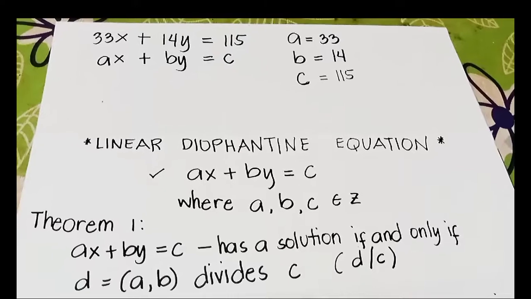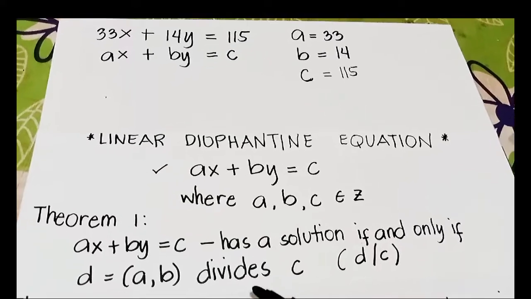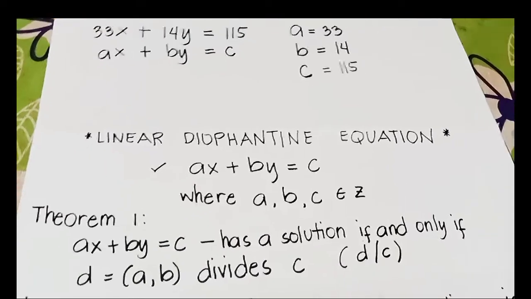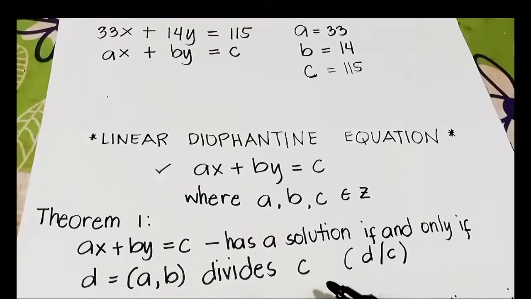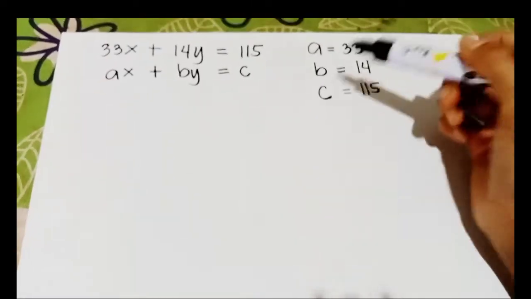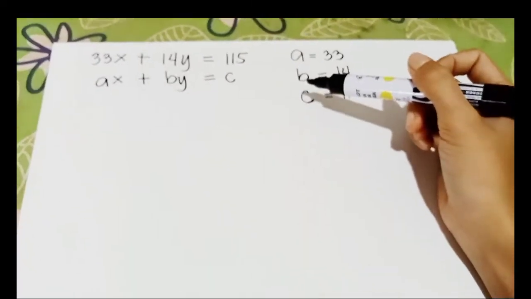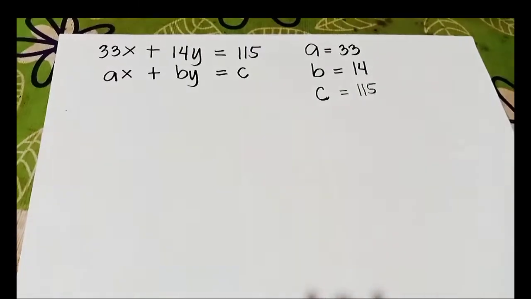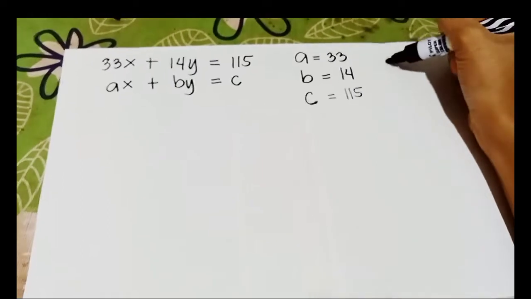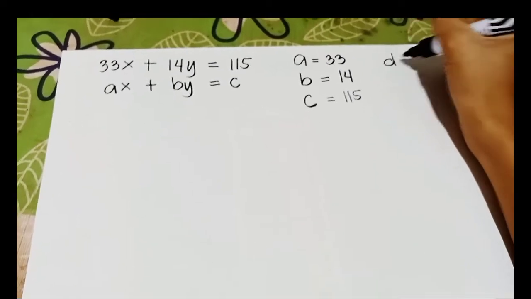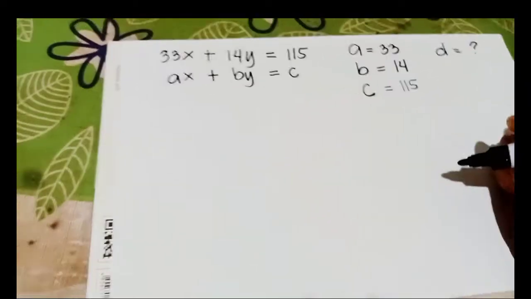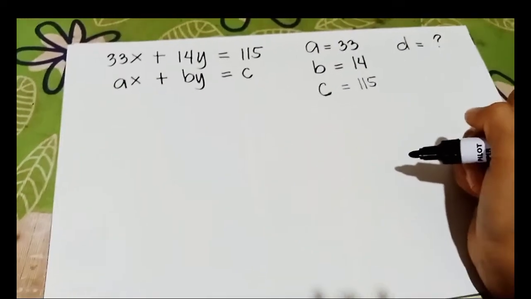From theorem 1, ax plus by equals c has a solution if and only if d equals the GCD of a and b and d divides c. Our given is we only have a, b, and c. So let's find the value of d. How do we find the value of d?